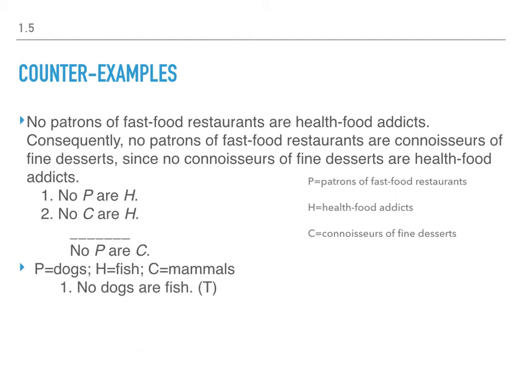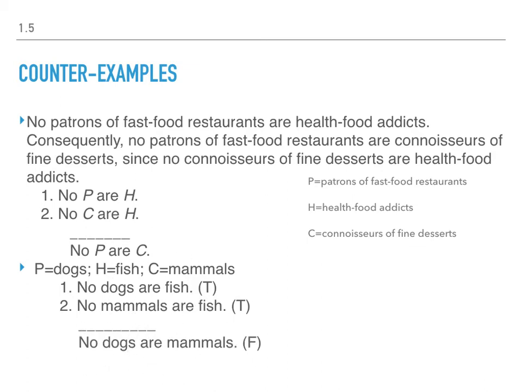So substituting in these categories gives us this substitution instance. No dogs are fish, no mammals are fish, and the conclusion, no dogs are mammals. So it's true that no dogs are fish. It's true that no mammals are fish.